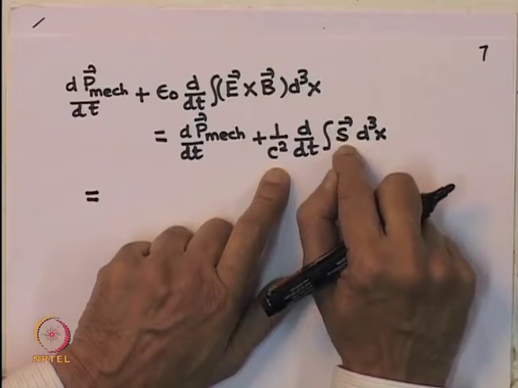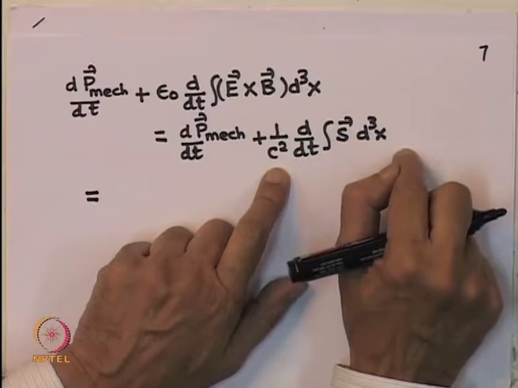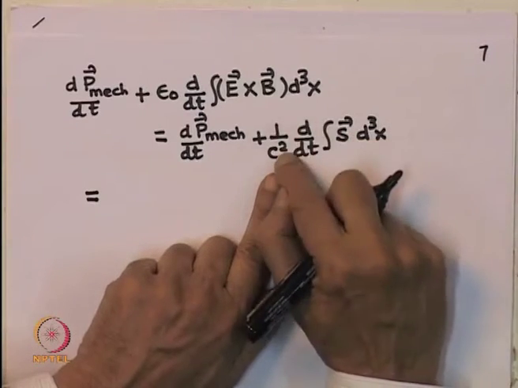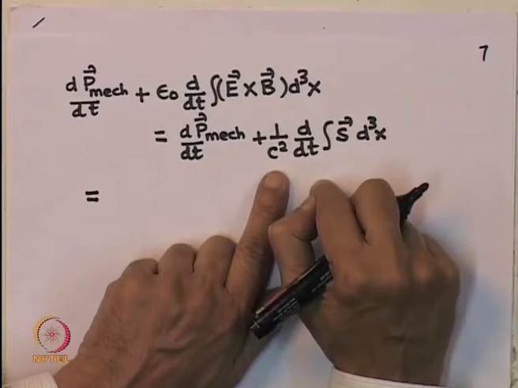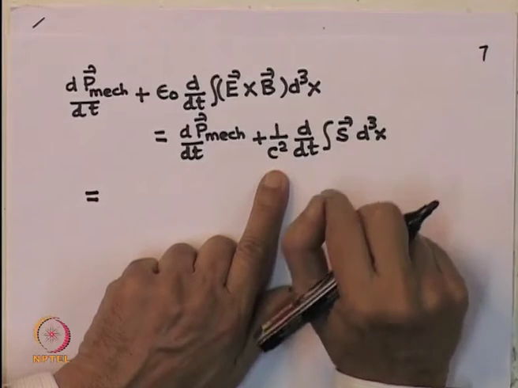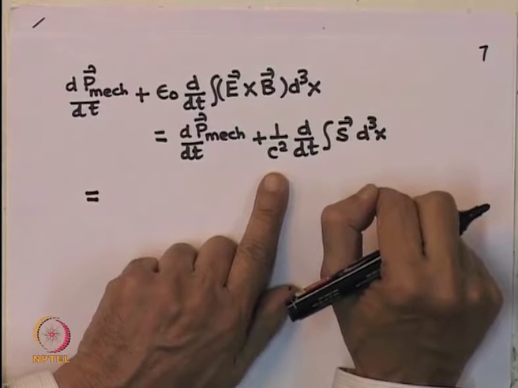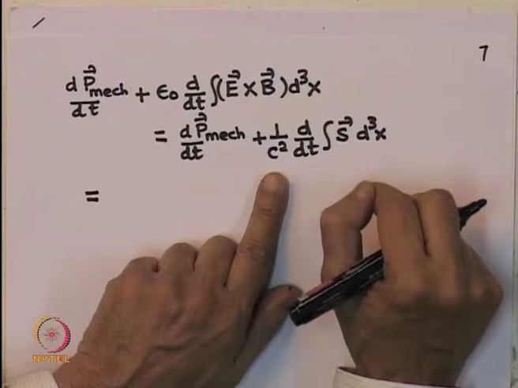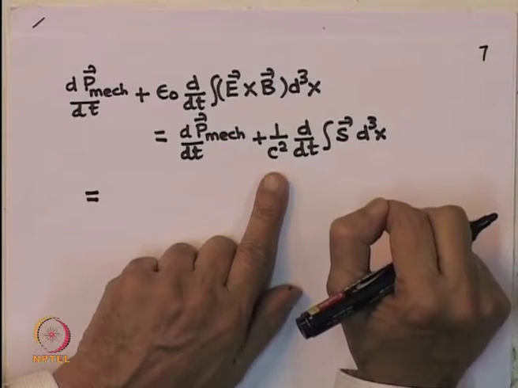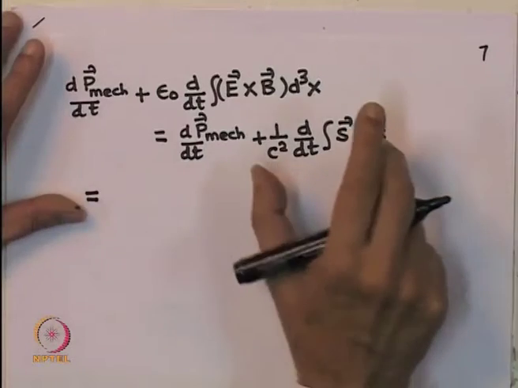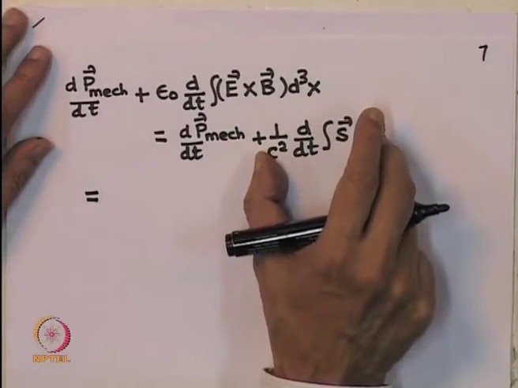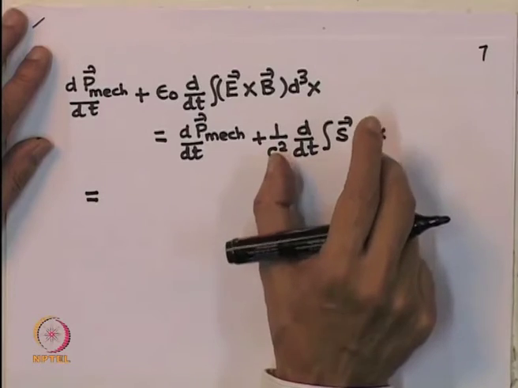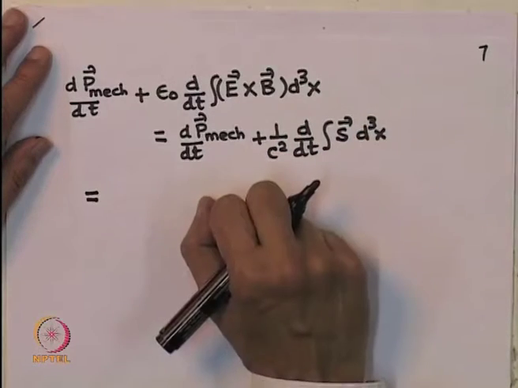So, S by c square is momentum density, and you can check that S by c is nothing but the energy density that is carried by the field. So this is the electromagnetic momentum density associated with the field.